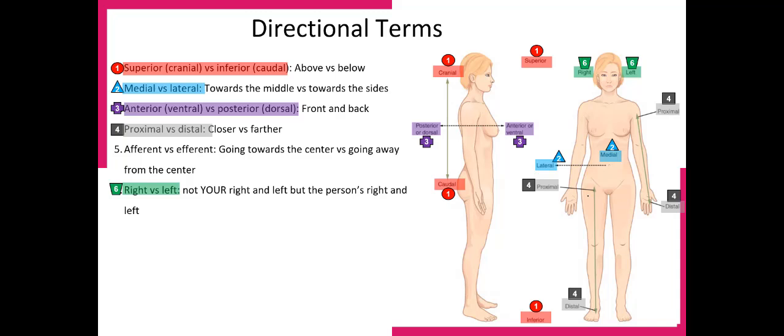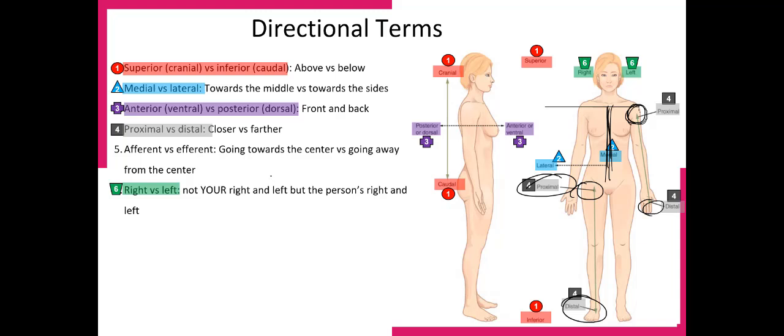So when we're talking about the body, proximal refers to what's closest to the middle of the body. So when you look over here in the arms, the shoulder is proximal relative to your fingers, which are distal, right? So again, if you look at the legs, your hip is proximal compared to your feet, which are distal, right? So again, it's relative, right?